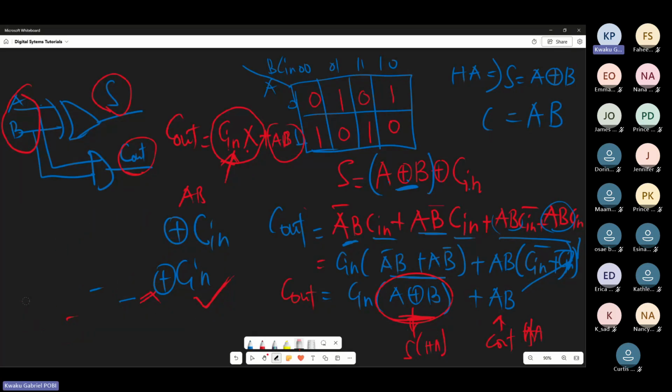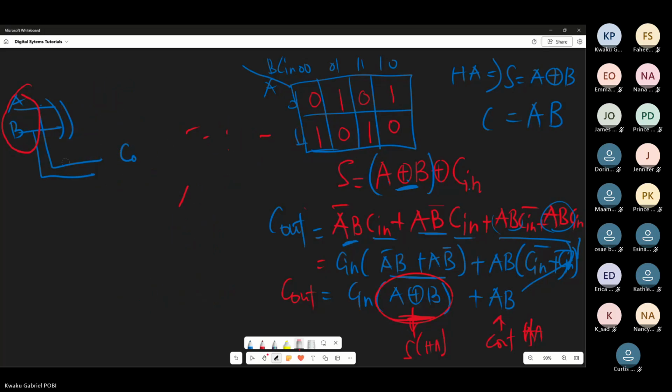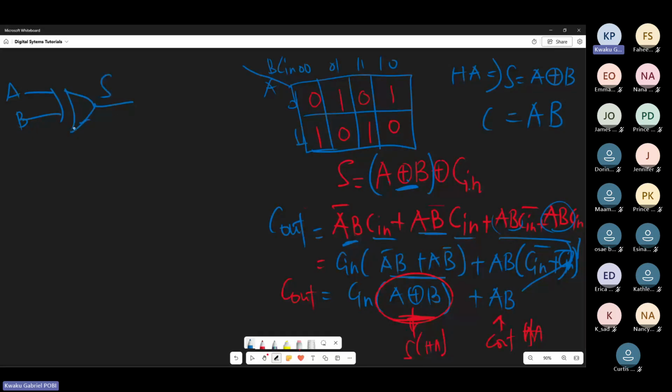So it means that I can have the first 2 inputs, A, B. If I want to design a full adder, I can have A, B, and I'll XOR them to get a sum.